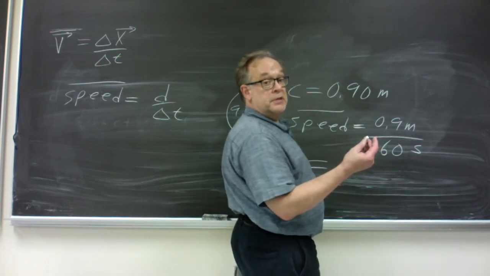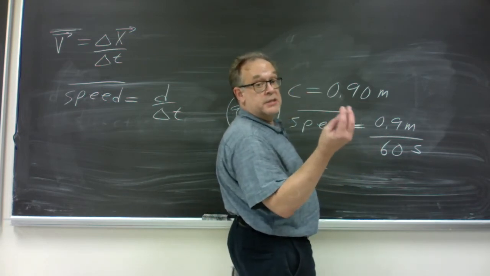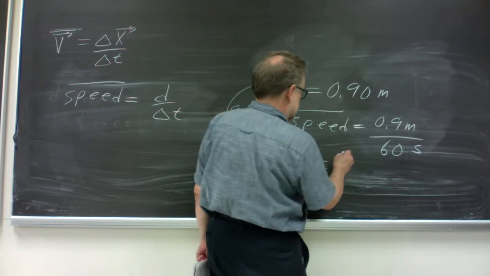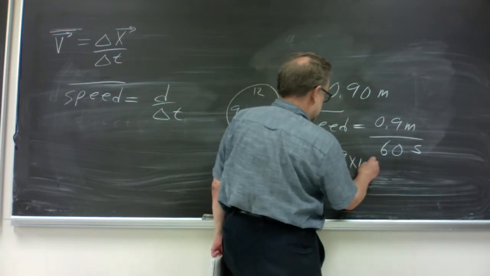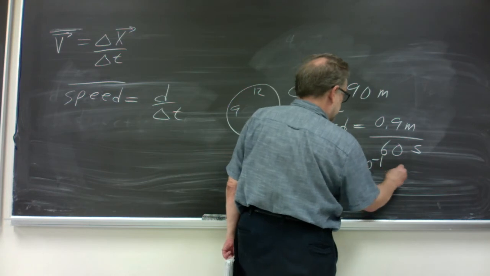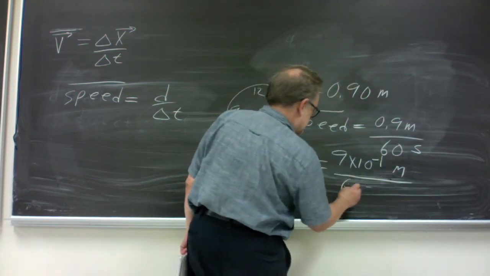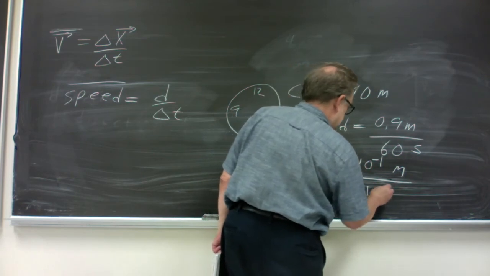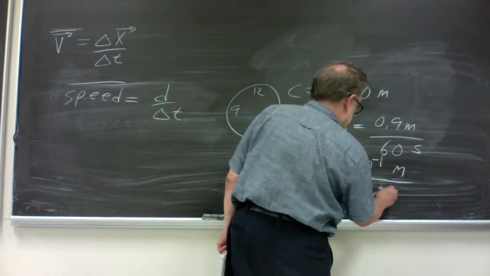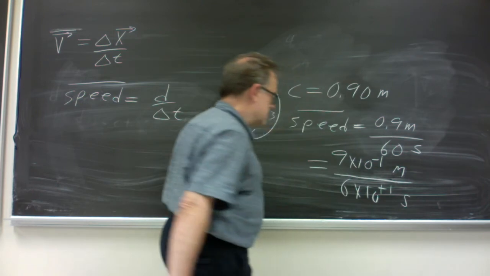it's easier to think about these things in scientific notation, or at least it's easier for me. So I write this as 9 times 10 to the minus 1 meters, and this is 6 times 10 to the plus 1 seconds.